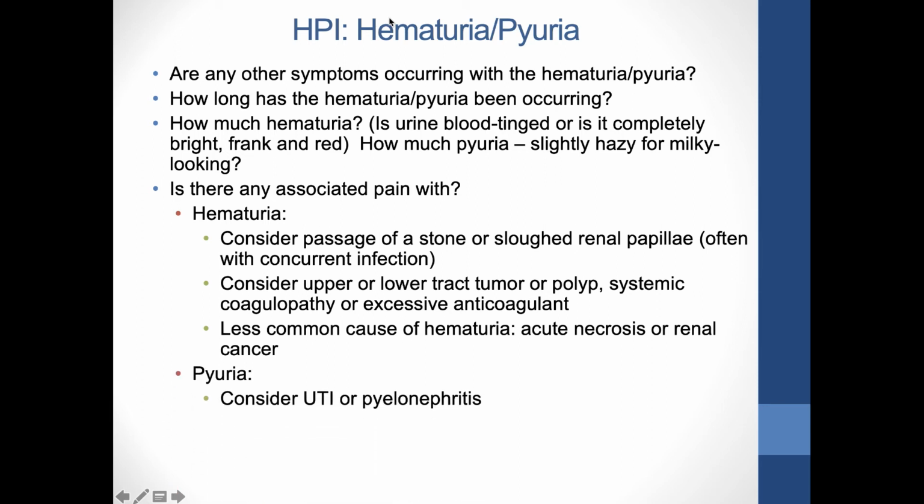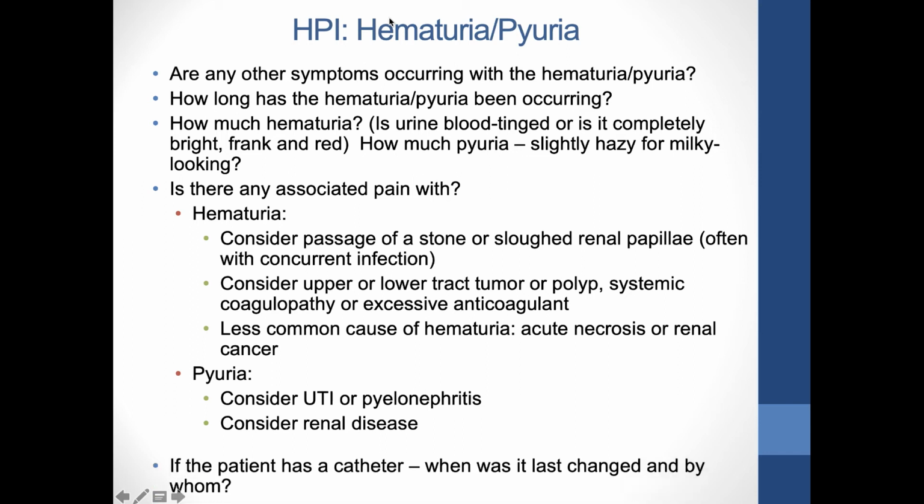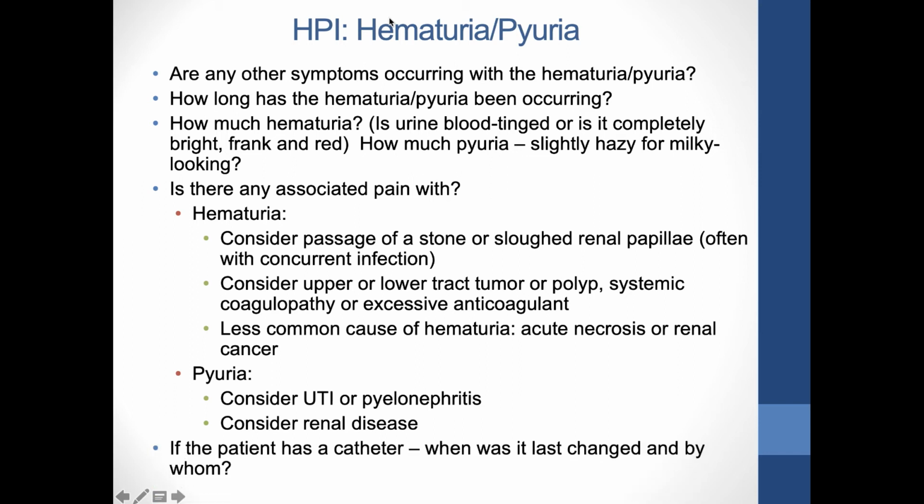With pyuria, we're going to consider a urinary tract infection or pyelonephritis, which is an infection in the kidney. And we're going to consider possible renal disease. If the patient does have a catheter, we're going to definitely find out when it was last changed and who changed it, just to make sure we don't have any issues with catheter-associated urinary tract infection.